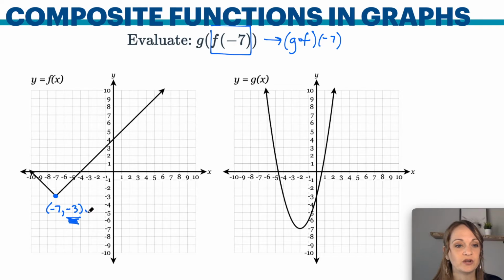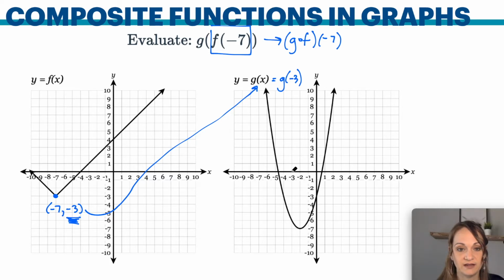That means you're going to plug the -3 into g. So now you will say, what is g of -3? You go to -3, then go to where it crosses the function, and you find your y value. This is the coordinate point (-3, -6).